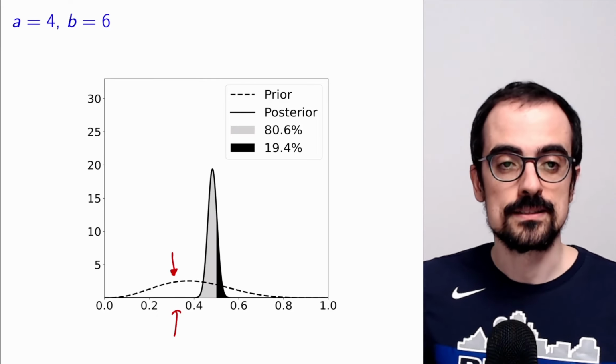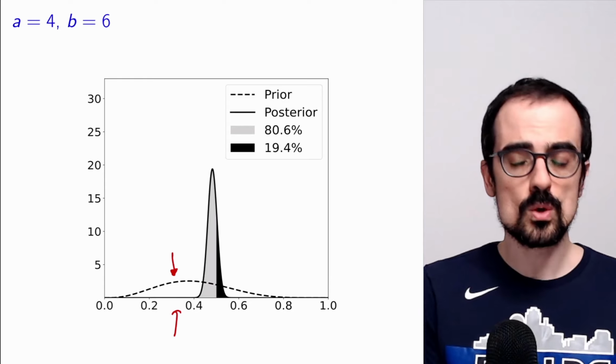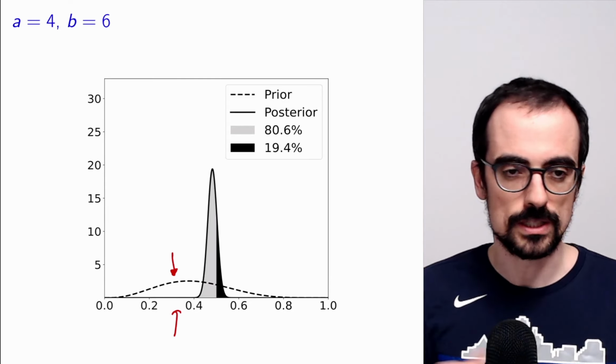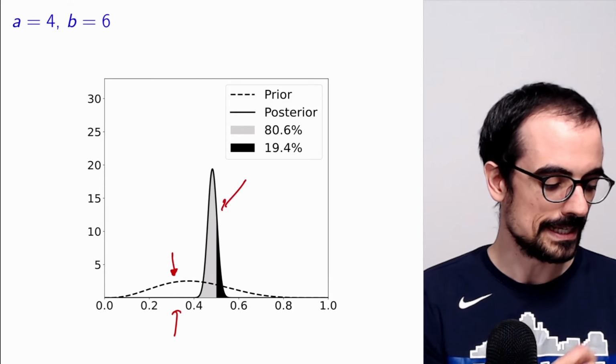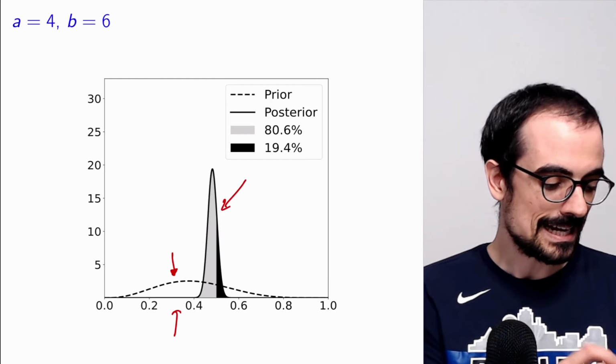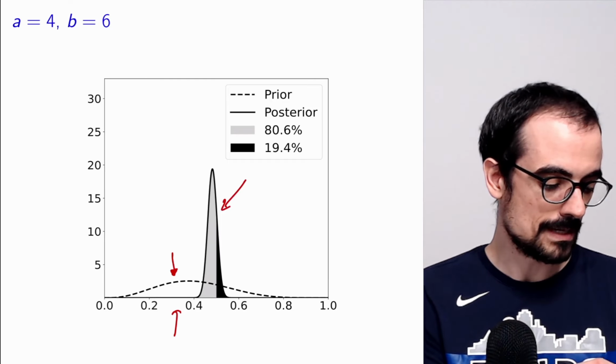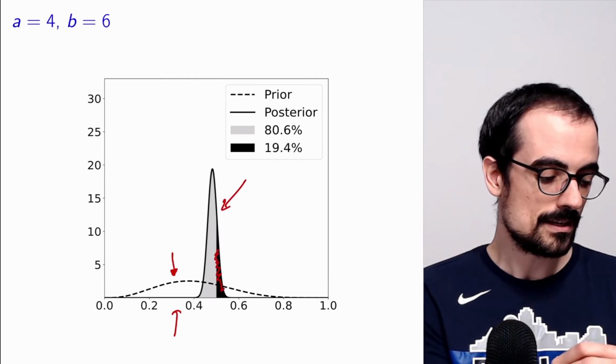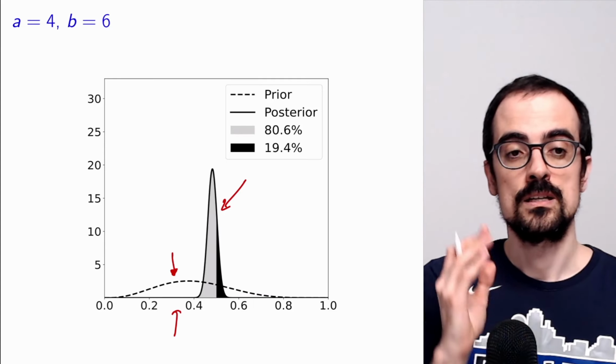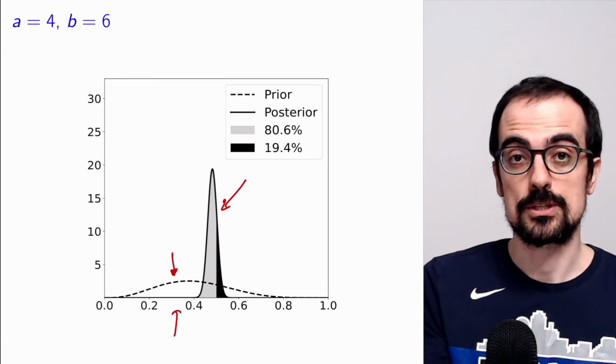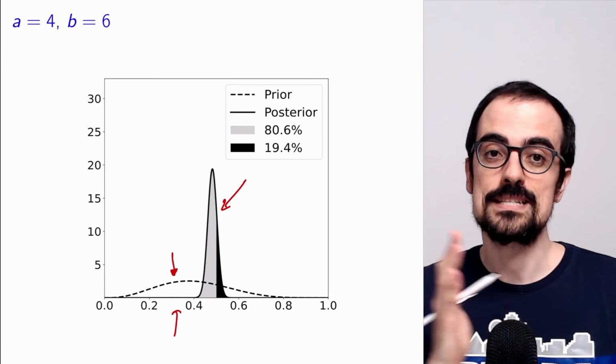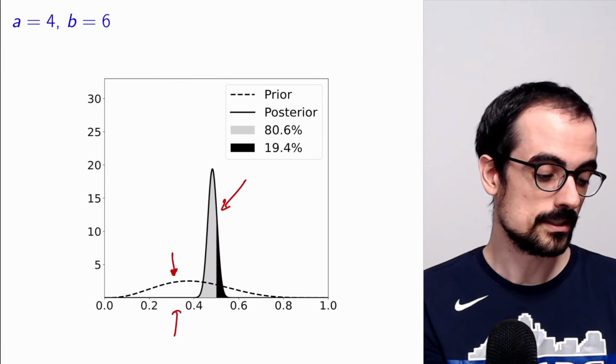When we update the prior and compute the posterior, we get this beta distribution, and this black area is the probability that the random variable that represents the fraction of Trump voters is above 0.5. In this case, it's 20%.